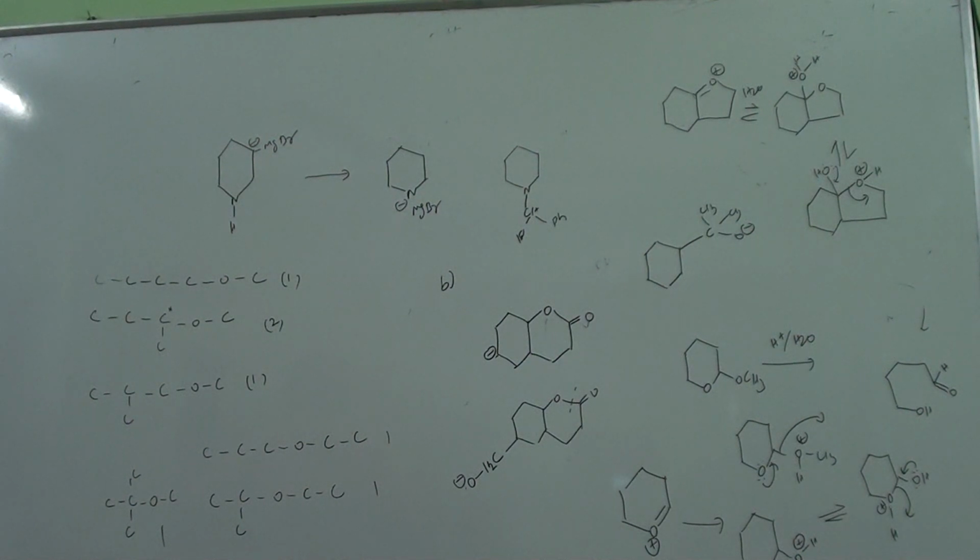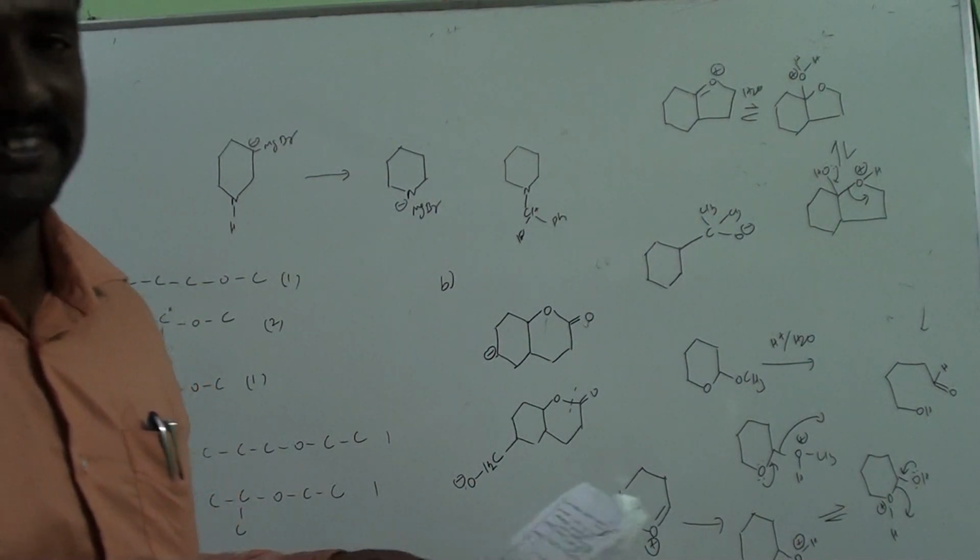So you go for answer B and C, I know that. Even then, D also. So the only correct answer is B only. Did you understand? It reacts faster with the Lucas reagent.